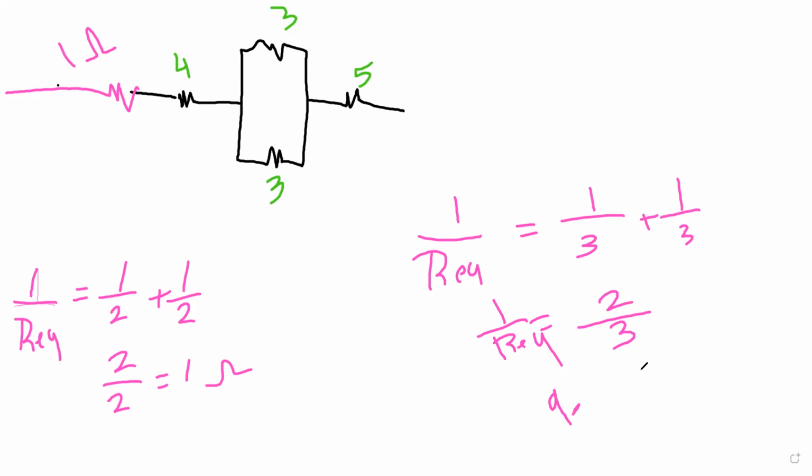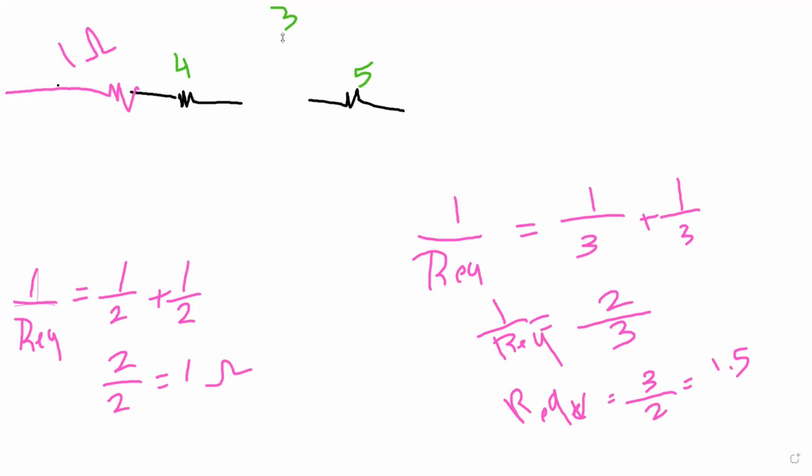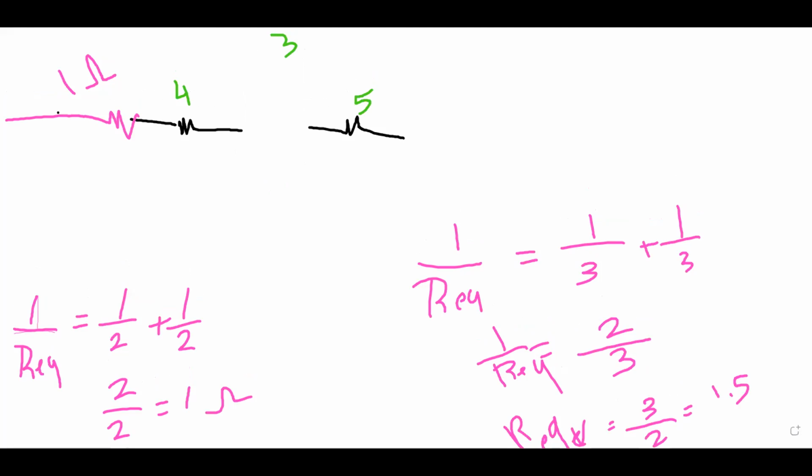So R equivalent will be 3 over 2, bravo, or 1.5 ohm. So I will replace this parallel resistance with a new one, whose value is 1.5.